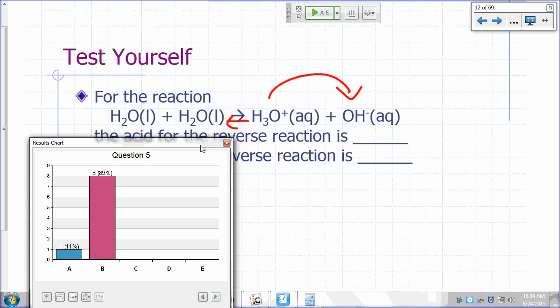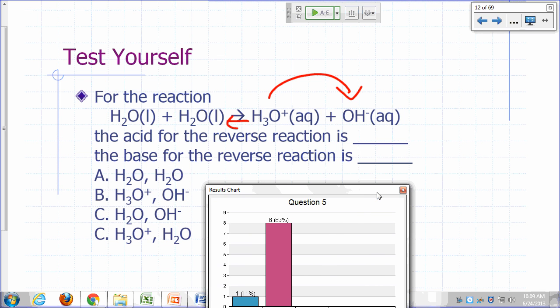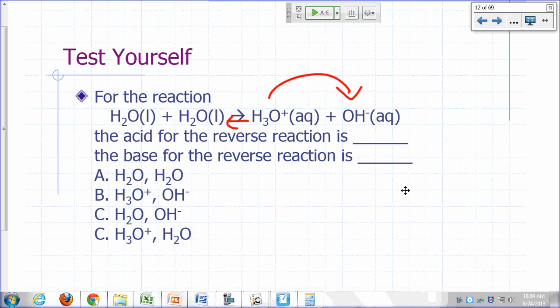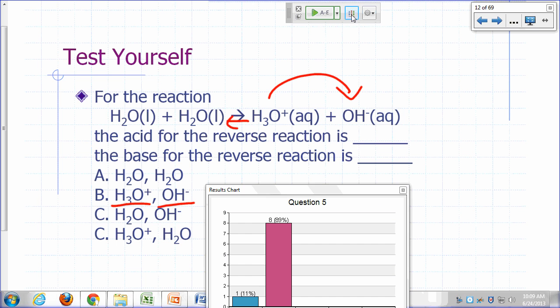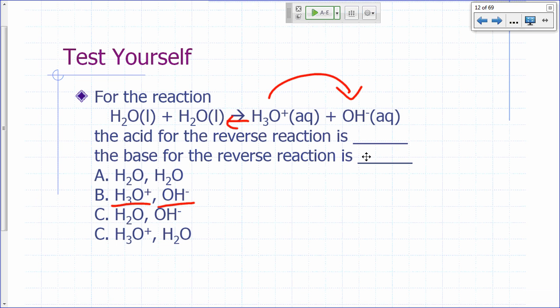This time, the donor is hydronium, and the acceptor is hydroxide. So the acid is hydronium, and the base is hydroxide.